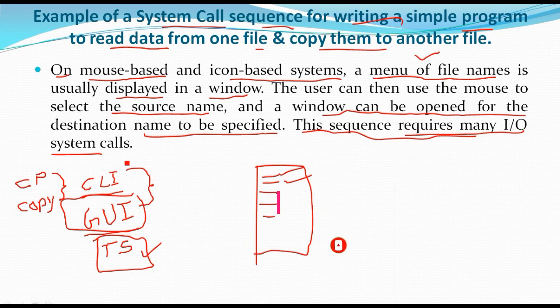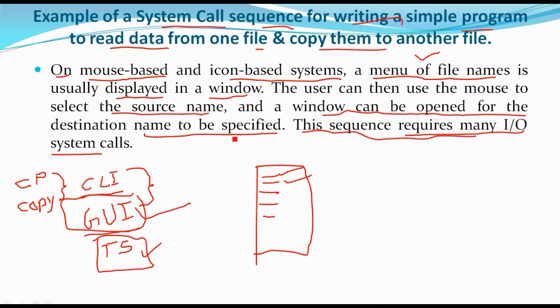Right. So this is the graphical user interface mode where mouse-based and icon-based systems are used to copy a file from one place to another place or one drive to another drive.